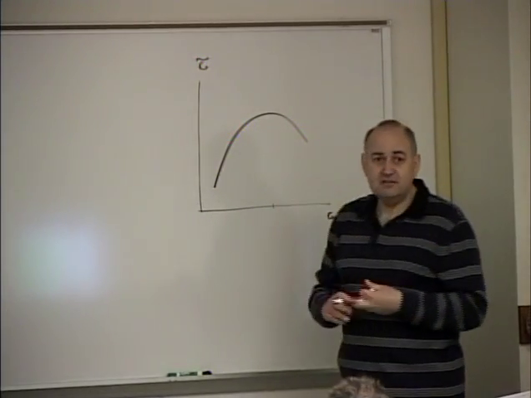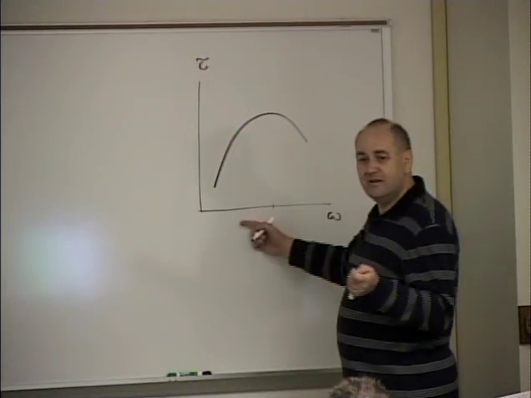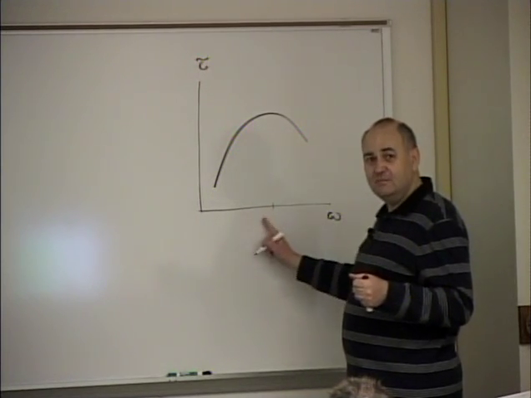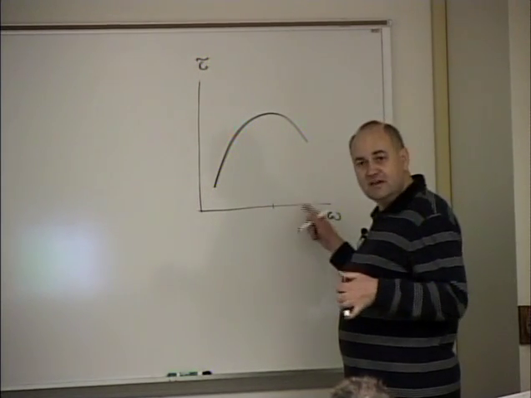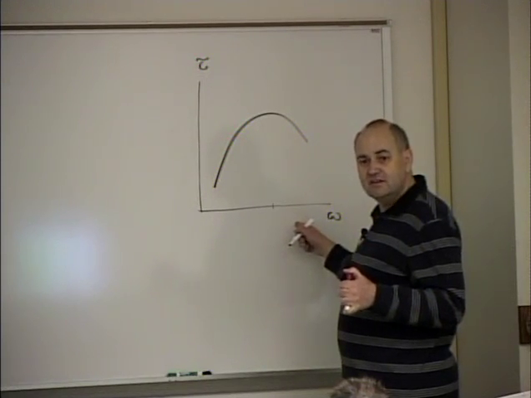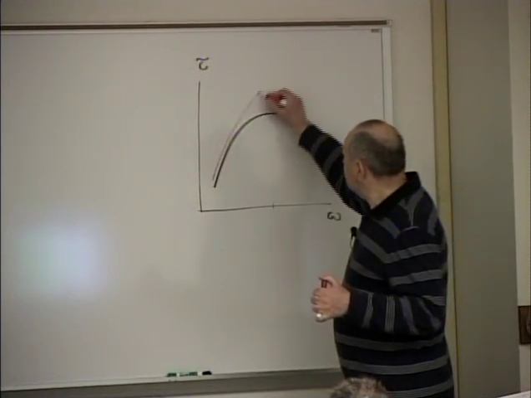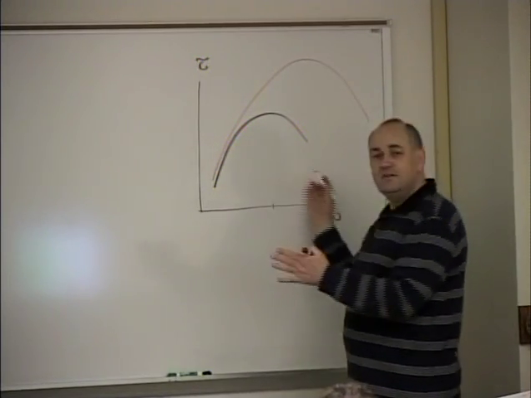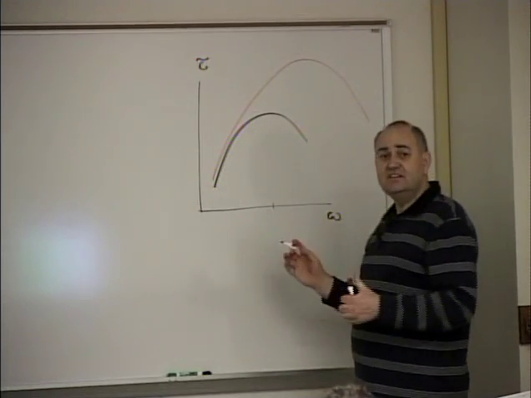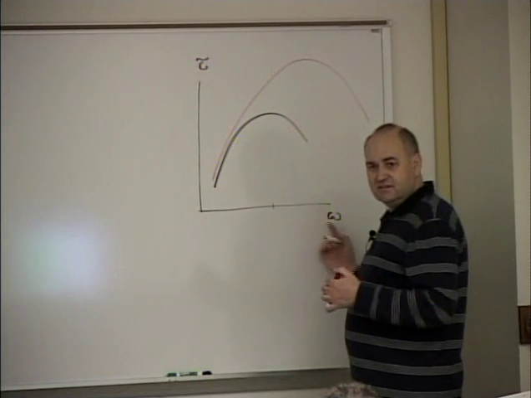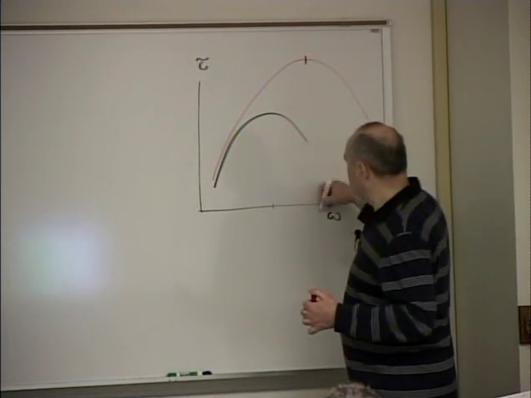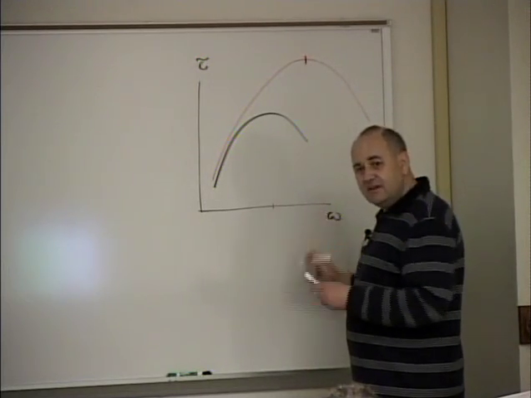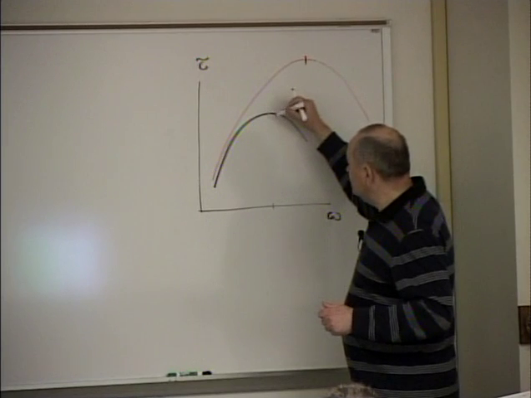Additionally to this plot, you will have a plot of the power, and power will be this plot multiplied by that rate at which the engine rotates. So you will have another plot representing the power dependence, and maximum power will always be at a greater rate of rotation than maximum torque.